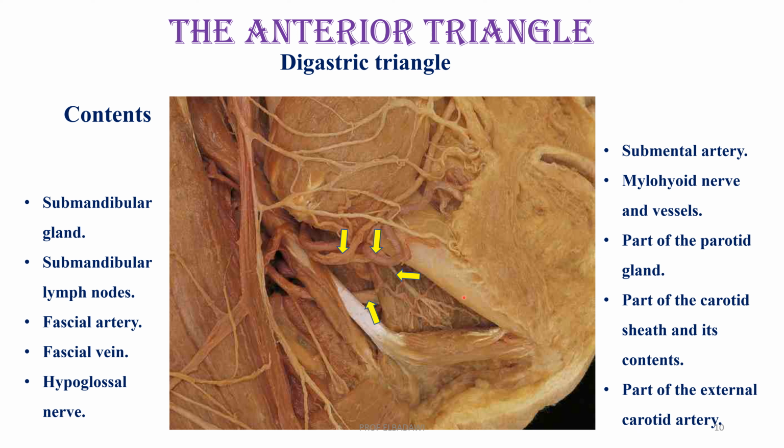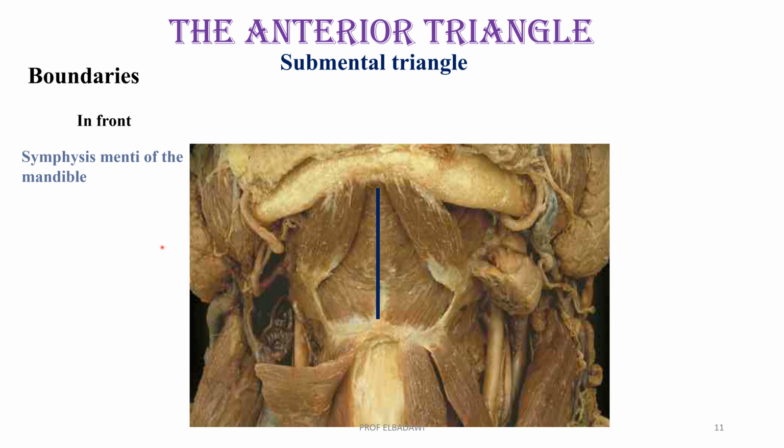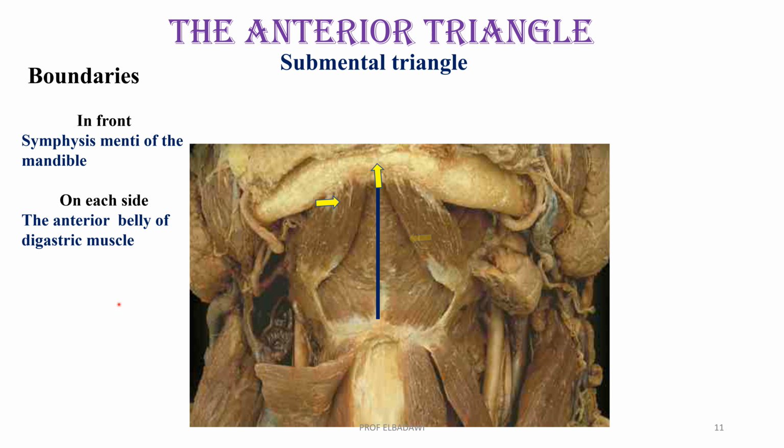That is the digastric triangle, with the parts of the external carotid artery again concealed by the posterior belly of the digastric. The submental triangle, the one which you can see over here, is divided into two parts, one on each side, but it could be considered as one triangle. In front will be the symphysis menti of the body of the mandible. On each side will be the two anterior bellies of the digastric.